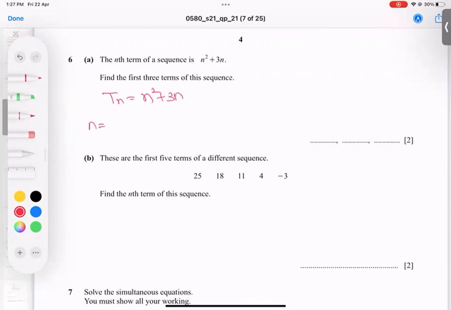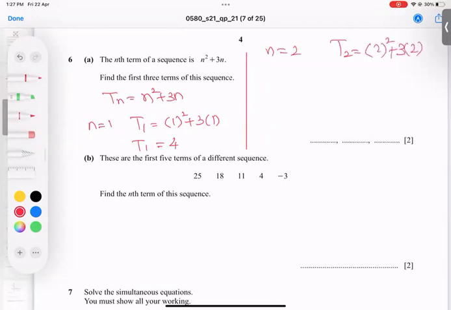First plug in n = 1. When I plug in 1 in every n place, I get 1 plus 3, which is 4. So the first term is 4. Now I put n as 2. When I plug in 2 in the whole equation, I get 4 plus 6, which becomes 10.